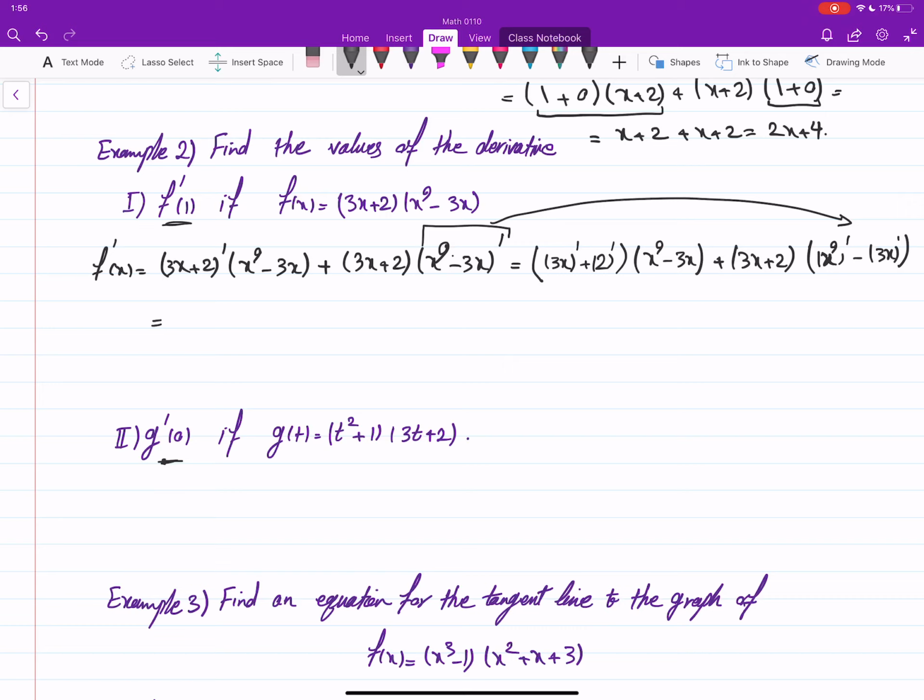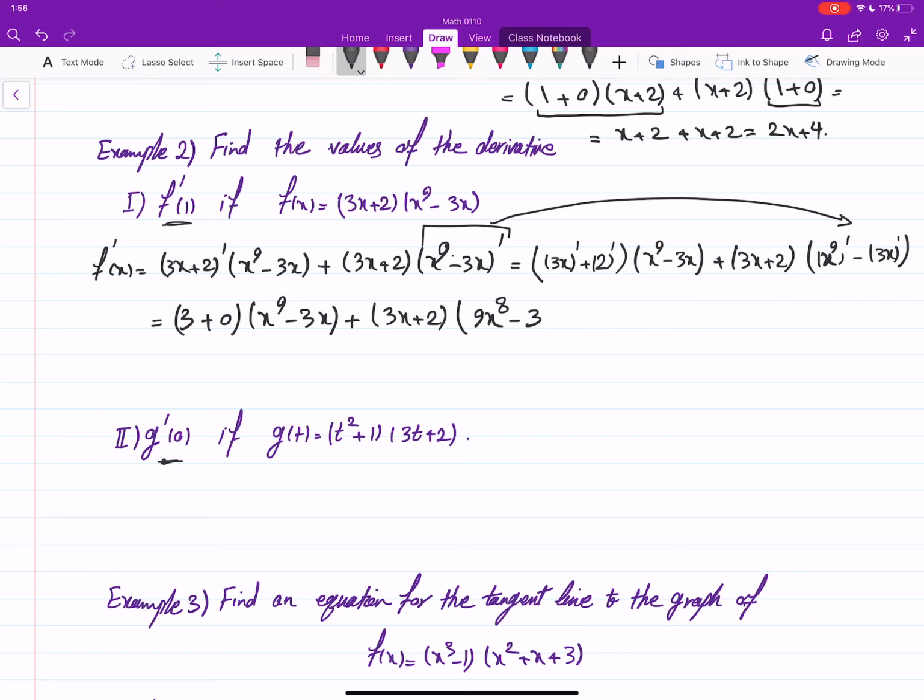Derivative of 3x is just 3. Derivative of 2 is 0. Times x to the 9 minus 3x, plus 3x plus 2 times the derivative of x to the 9, which is 9x to the power 9 minus 1, which is 8, minus 3x. 3 is a constant, comes out.